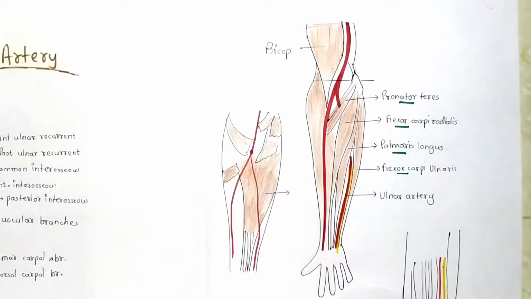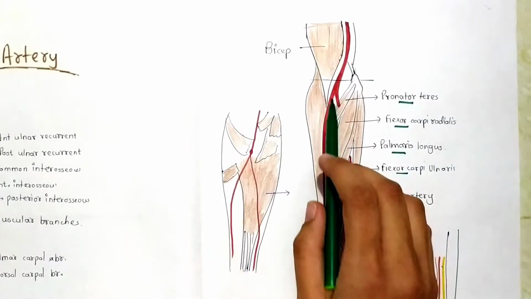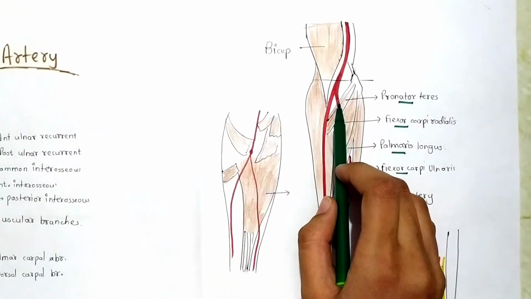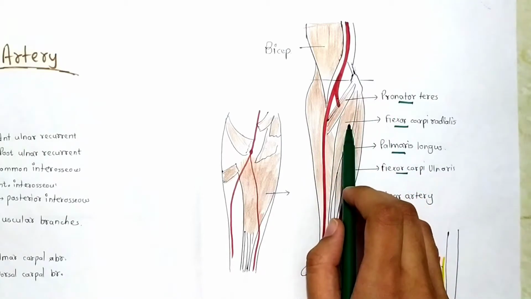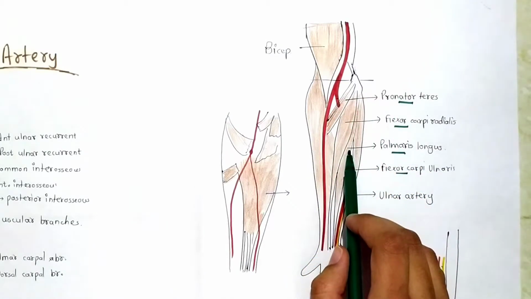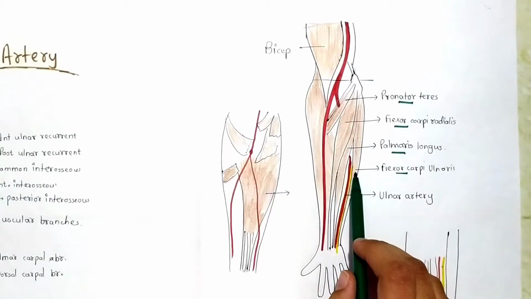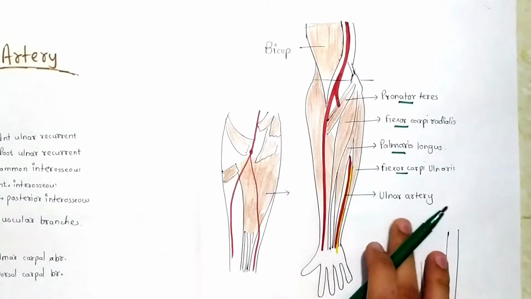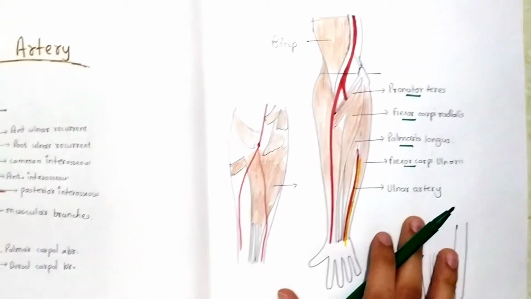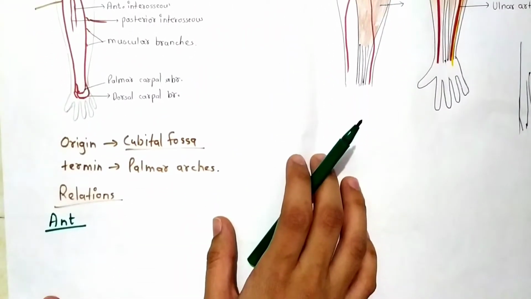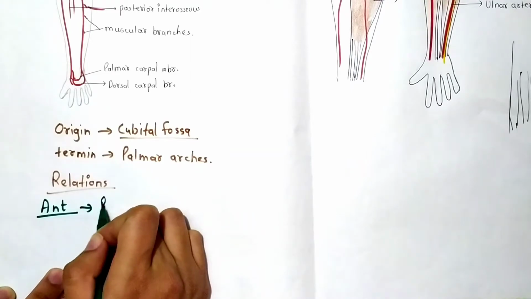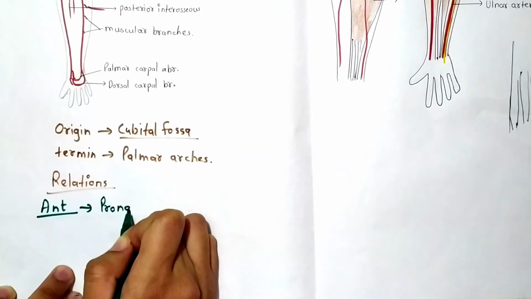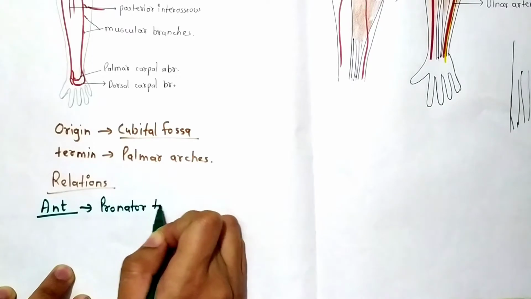Okay. So in the anterior relation, you can see this is the ulnar artery, and it is covered first of all by pronator teres, then by flexor carpi radialis, then by palmaris longus, and then flexor carpi ulnaris, and also the flexor digitorum superficialis. Okay, so all these muscles are in the anterior relation. Let us write down. First is pronator teres.